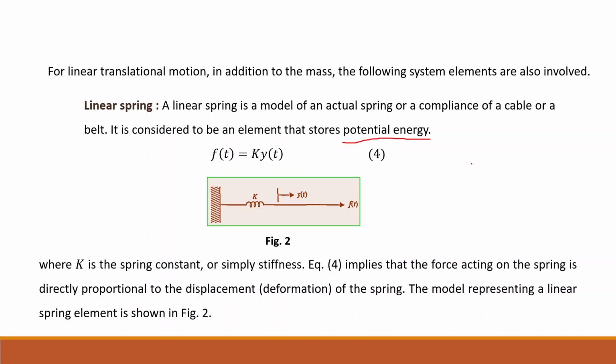The equation of a linear spring is simply Ft equals K times the displacement yt, where K is the spring constant.